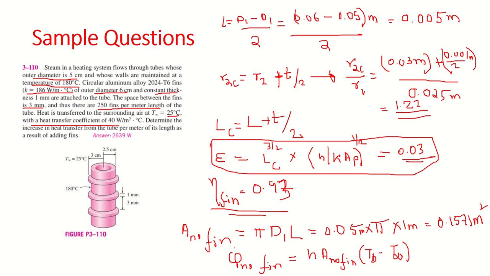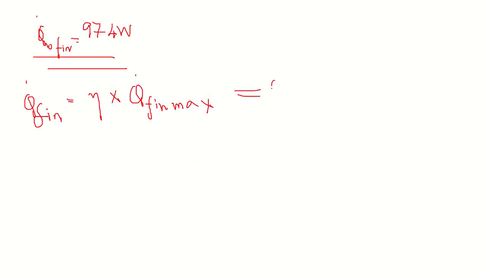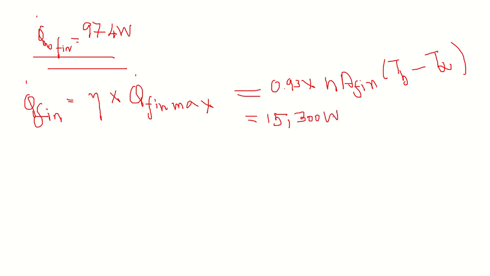Efficiency we found as 0.93, right? So 0.93 multiplied by Q dot fin max, which is h into A fin into TB minus T infinity with the fin. You will substitute all the values and you will get 15,300 watt. We found Q dot of fin. Now we will find area of unfin, to get Q dot total fin. That's the reason why we are doing that.